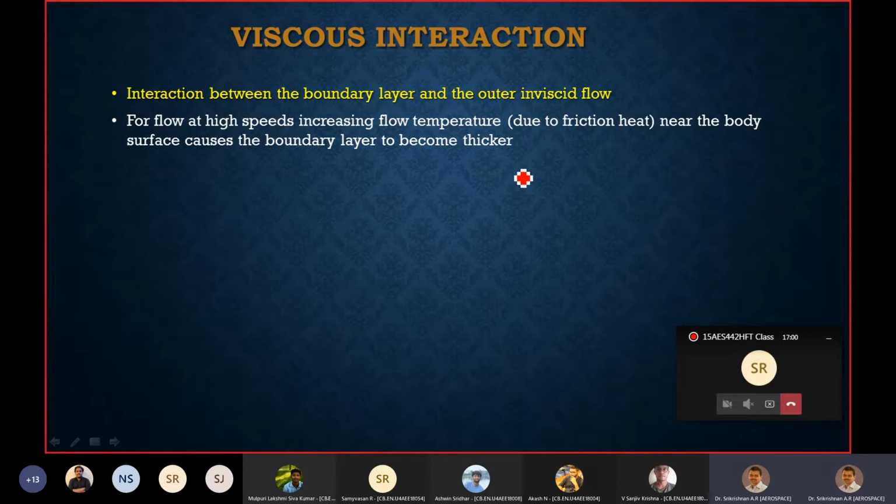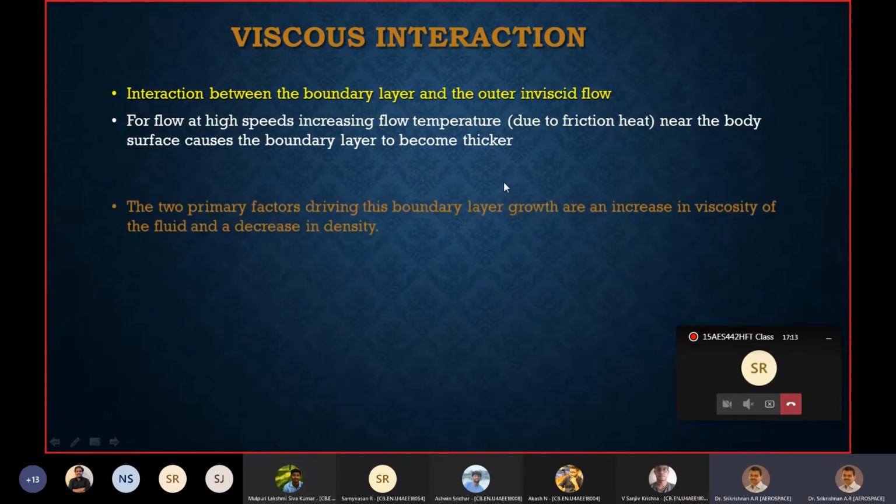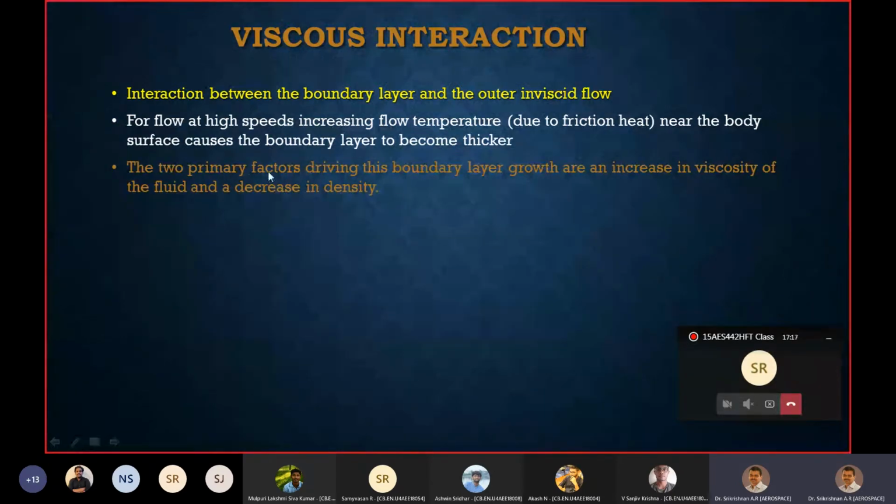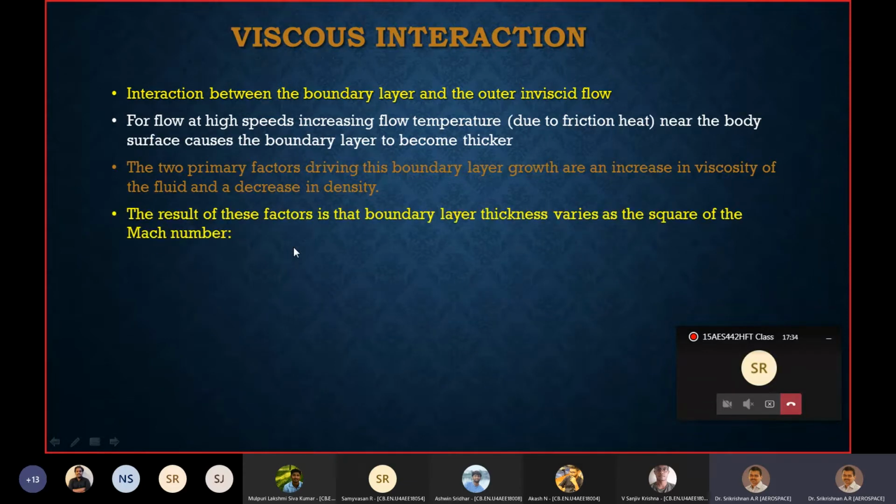Higher the viscosity, higher the boundary layer, which means that the boundary layer keeps thickening in such a way that it starts interacting with the outer region, which is otherwise an inviscid flow. So this coupling or this interaction of the outer stream with the viscous layer, or the other way around, the growth of the viscous layer affecting the outer region with increase in viscosity and reduction in density, is what is referred to as viscous interaction.